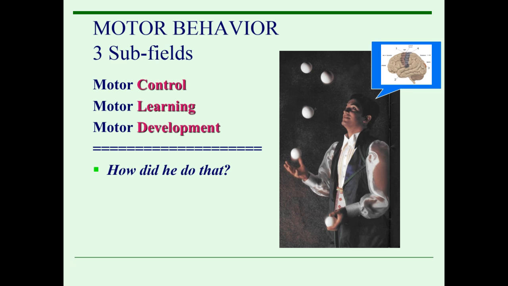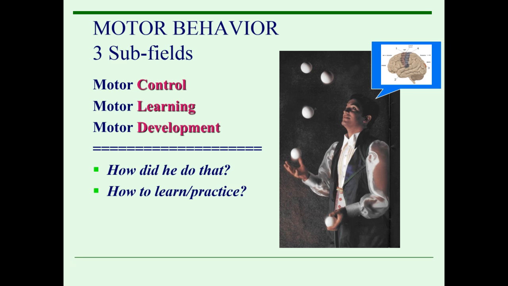If the question, on the other hand, is how to learn it, the domain now has shifted to motor learning. In this case, another word must be invoked, that is, practice. Learning involves deliberate practice.